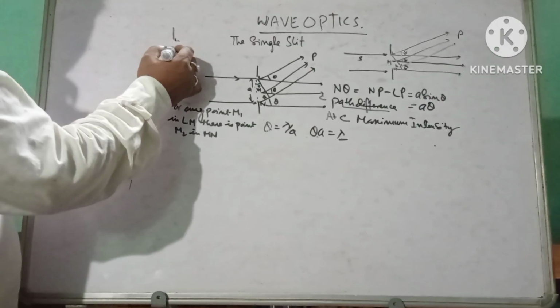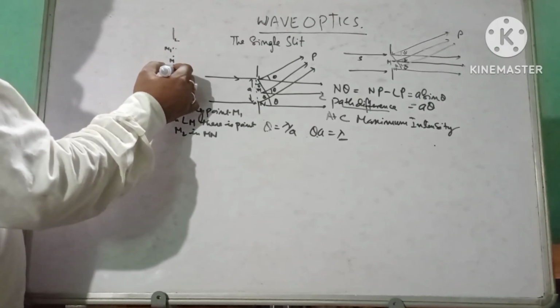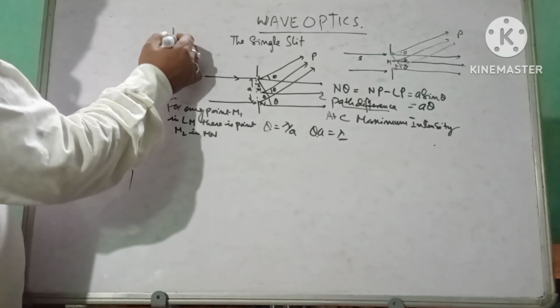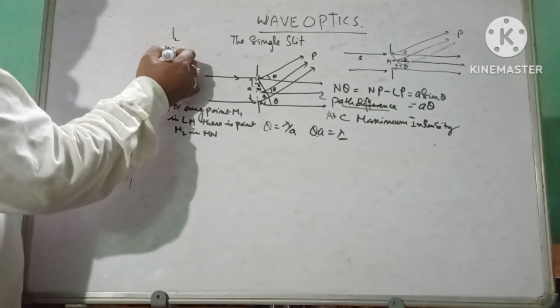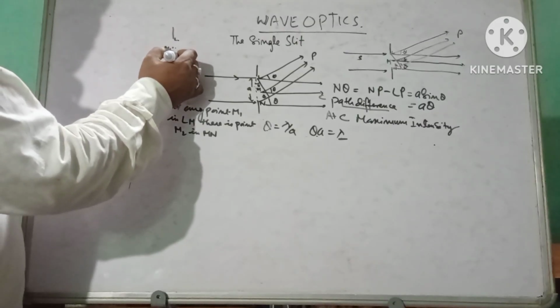This length is a, so this will be a by 2. From here to here it will be a by 4, and from here to here it will be a by 4.